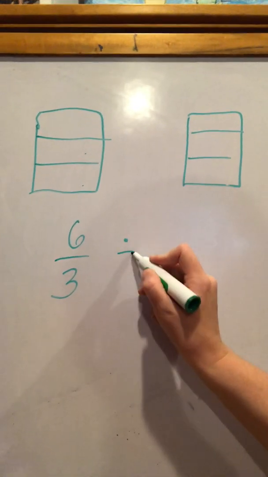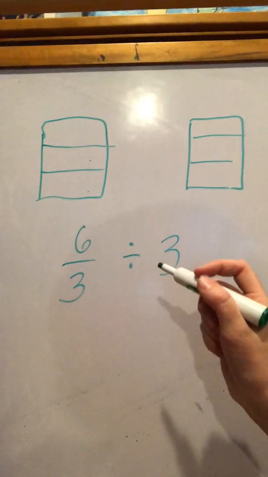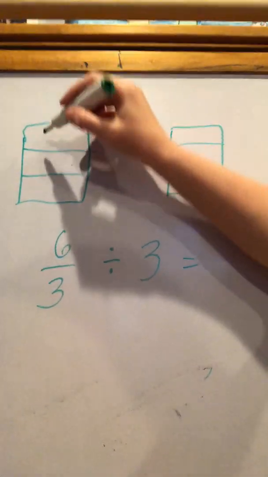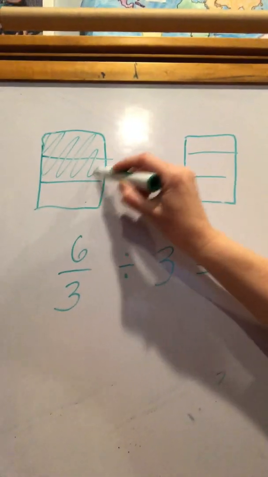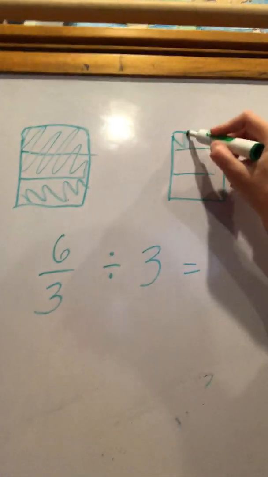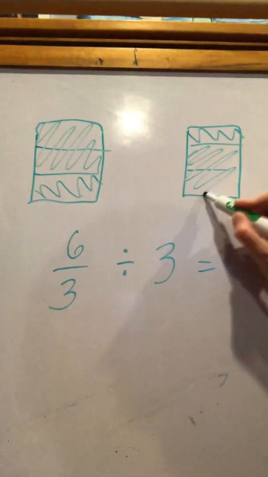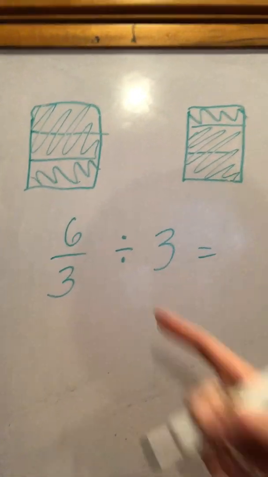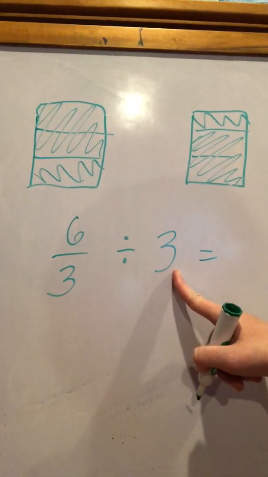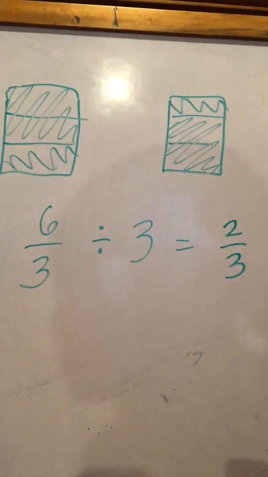And really, I'm trying to divide those 6 thirds up into 3 meals. So I was thinking of 6 parts divided by 3. This one could be paired with this over here, that's 1. That's 2. And then these two can go together as well, 3. So really, it's taking those 6 individual parts and dividing them up into 3 groups. That's going to leave me with 2/3 in each feeding.